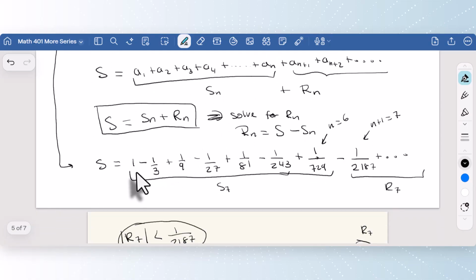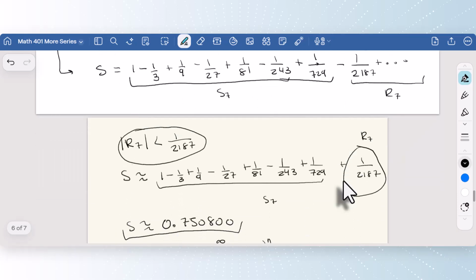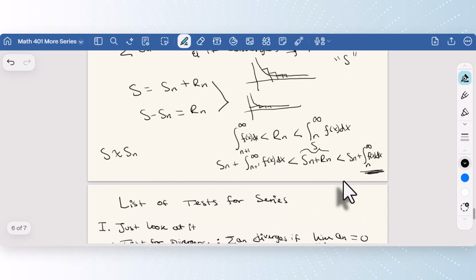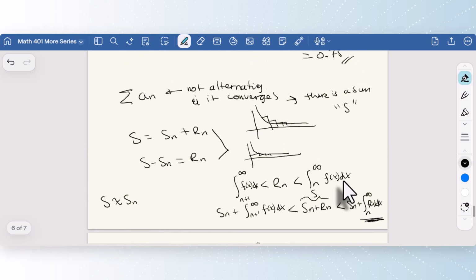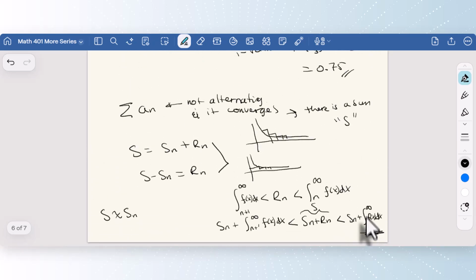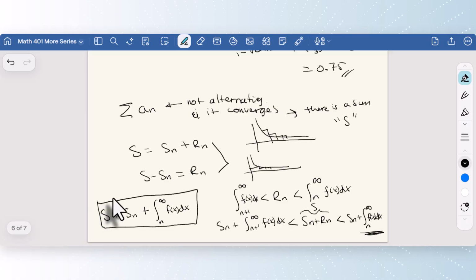And if this wasn't alternating, I will say S7, so the sum of the first 7 terms, and then I will say plus the integral from 7 to infinity of the function. So plus the integral from n to infinity of f of x dx. And so this is a way that I can approximate the sum if it is convergent but is not alternating.